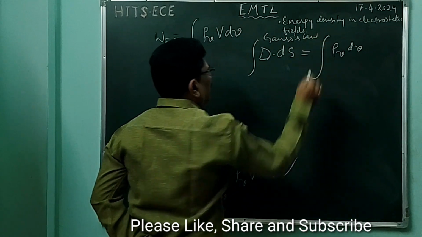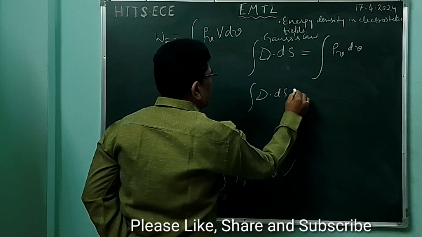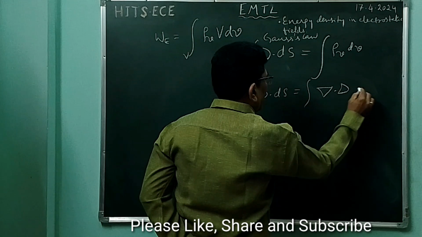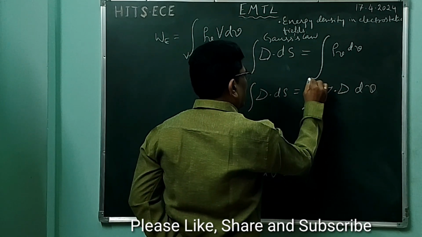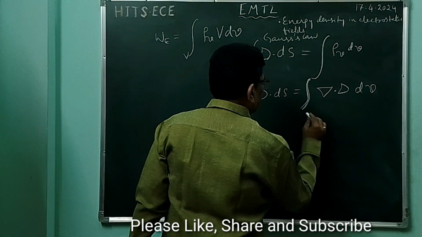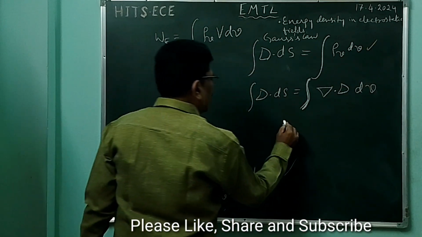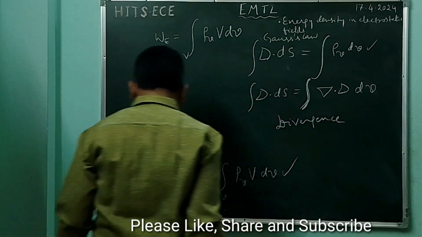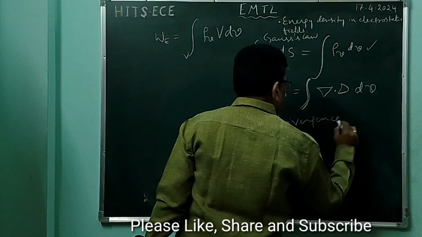∮D·ds is also equal to ∫∇·D dv, according to the divergence theorem.